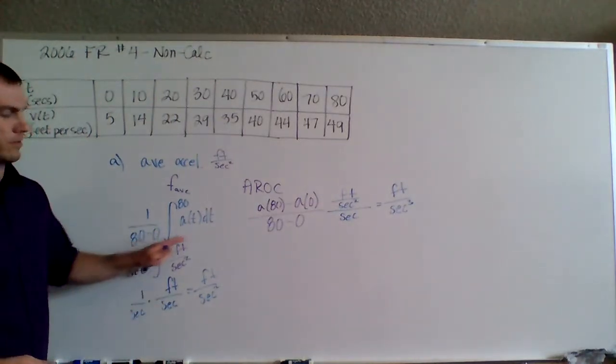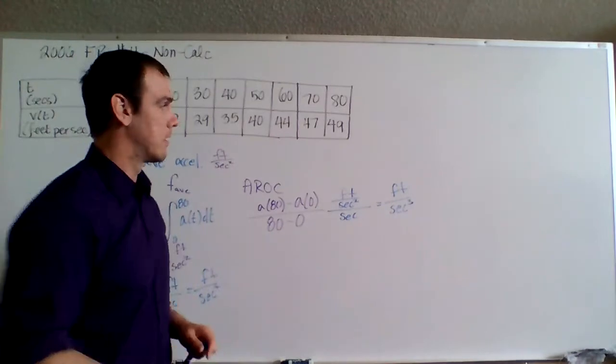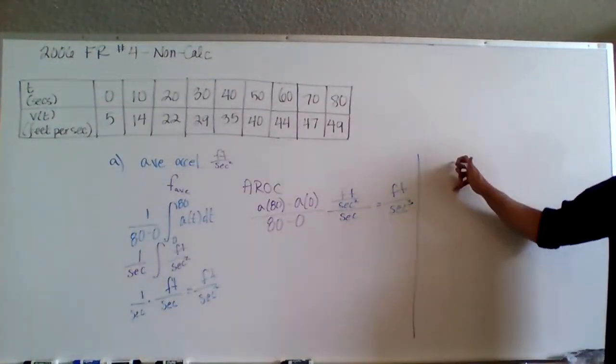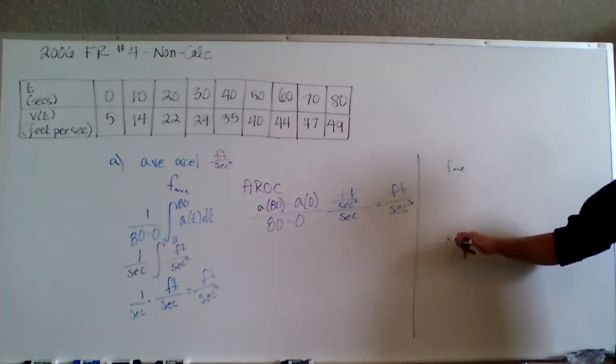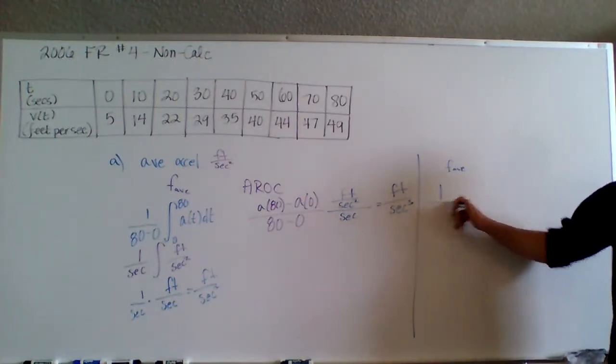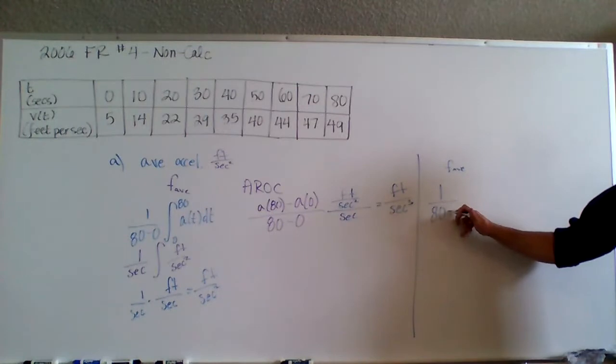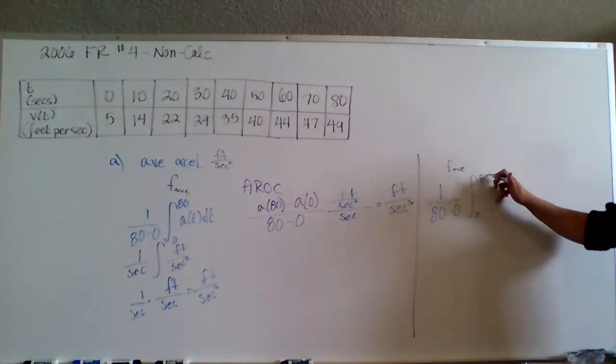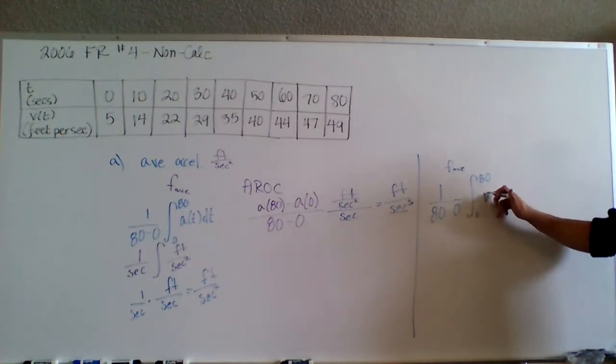Let's also talk about doing these with velocity too. So if I were to do FAV with velocity, this is going to be 1 over 80 minus 0, integrate from 0 to 80 of velocity, so v of t dt.